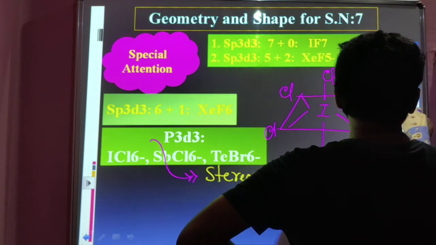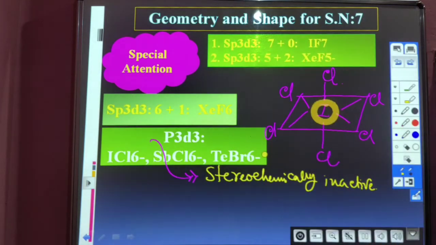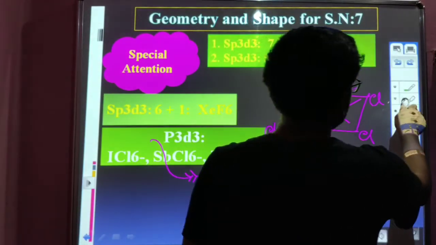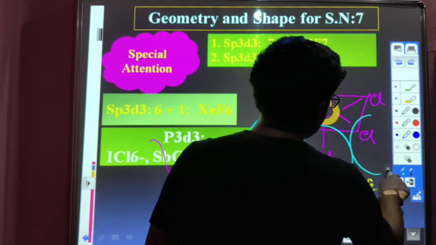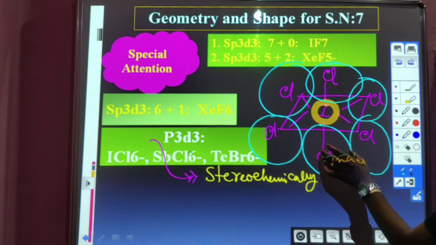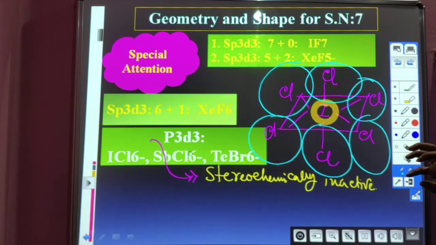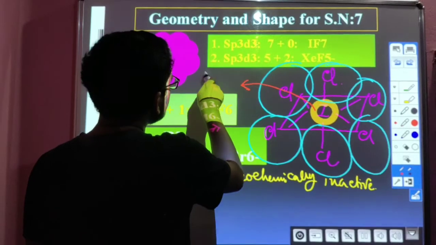Okay, let me put the lone pair of electron here. This is the lone pair of electron. See, if it tries to come out from any one of the faces, the larger size of Cl won't allow it. Cl won't allow this lone pair to come out. This lone pair is known as sunk lone pair.